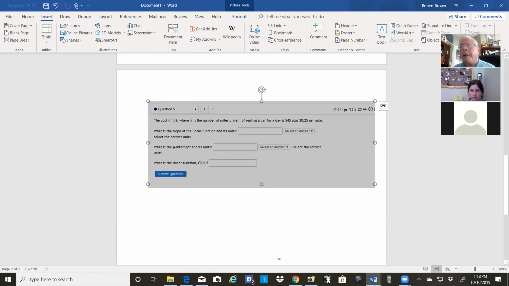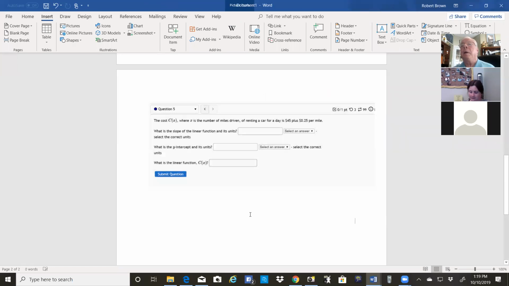Okay, we want to create a cost function where X is the number of miles driven when you rent a car for a day. It is going to be $45 no matter how many miles you go, plus 25 cents a mile or a quarter of a dollar per mile. What is the slope of the linear function and its units?